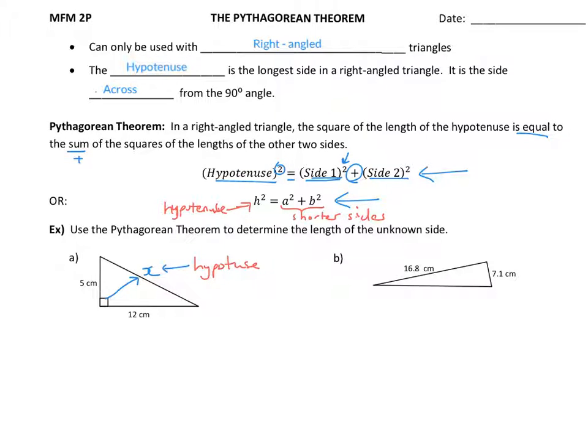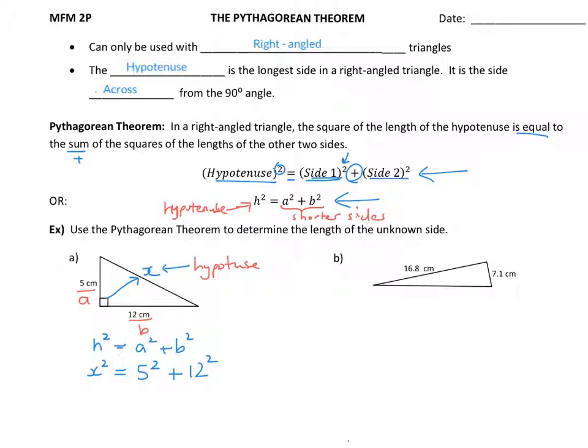That means the 5 and the 12 are our shorter sides, and we could make that A and that one B. Then if we use our formula, the hypotenuse squared is equal to A squared plus B squared. I can sub in what I know. I don't know the hypotenuse. I've labeled it X, so X squared equals, the A is 5 centimeters, and the B is 12 centimeters.